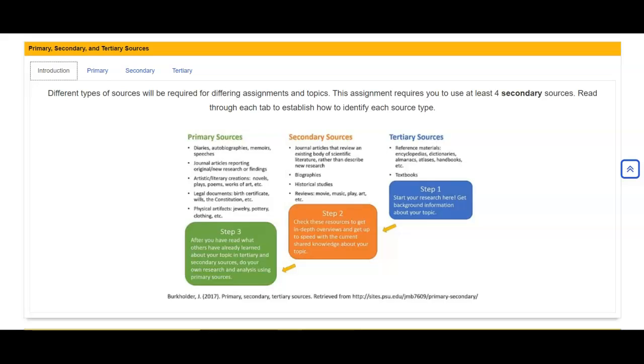The trick with primary sources, though they can be helpful, is that they can at times be biased, or they kind of lack the knowledge that we learn over time. So for example, if we're researching the Civil War, we can look at a soldier's diary.